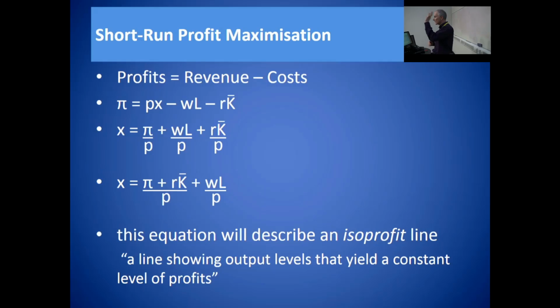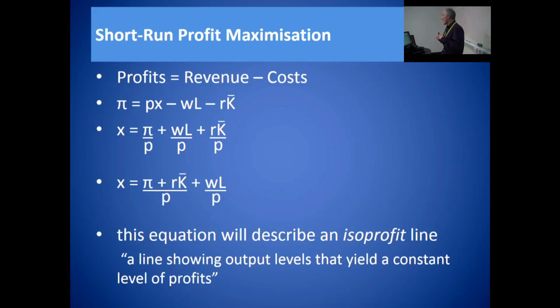That term in the front, iso, meaning equal. What we've got here is an iso-profit line. So it's equal profit, a constant level of profit. And so this expression that shows the relationship between output, X, and the number of units of labour used, that is an iso-profit line.